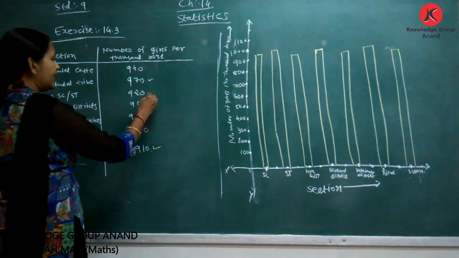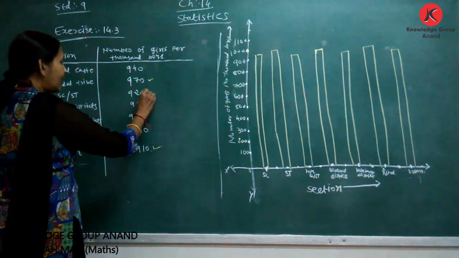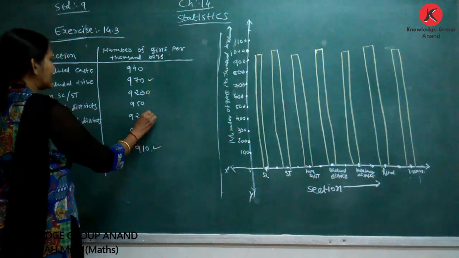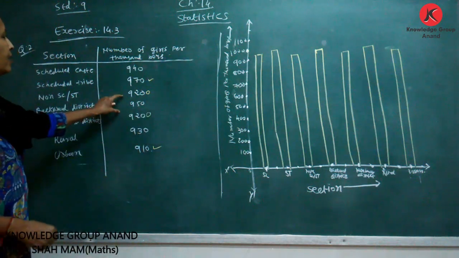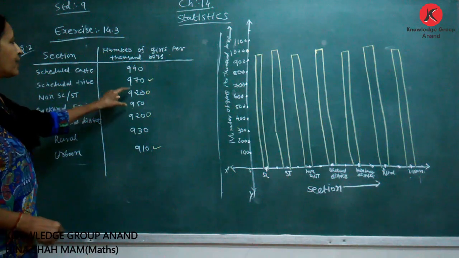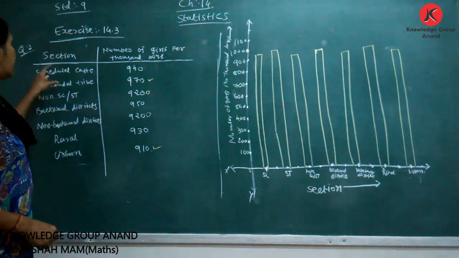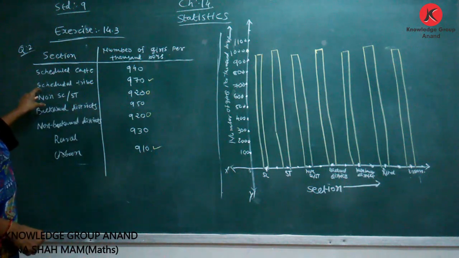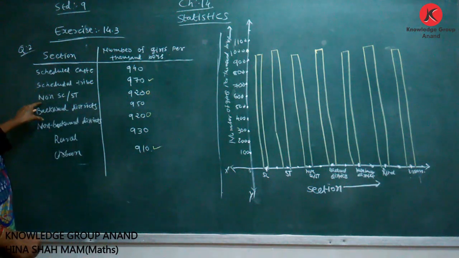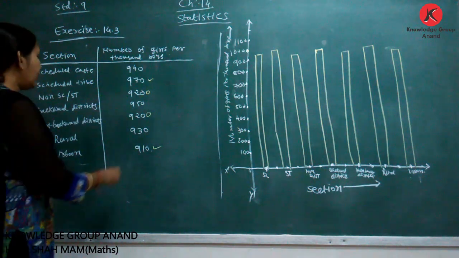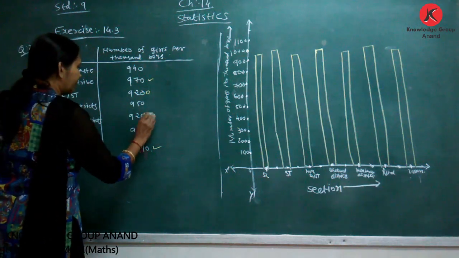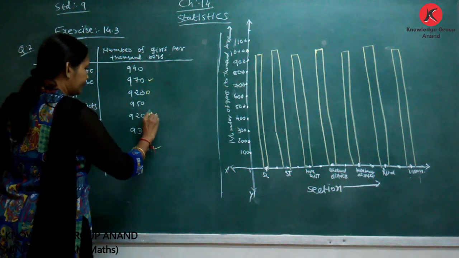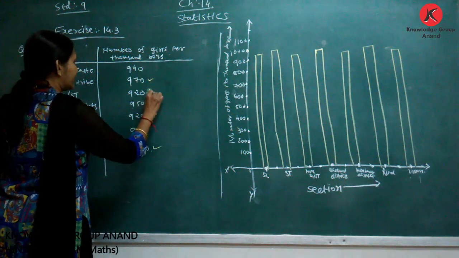Then we write, from this we say that non-SC/ST and backward district sections have similar numbers of girls per 1000 boys. Here it is like this and this.